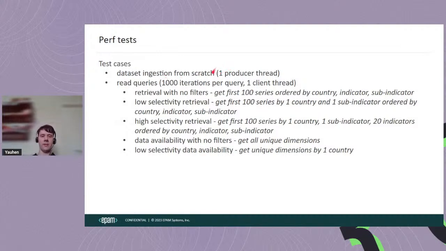I used a one-threaded ingester for this case. As for read query workload, I used 1,000 iterations per scenario, and the scenarios included retrieval of data with pagination and no filters, with low selectivity filters, high selectivity filters, and a couple of data availability requests, which are those aggregation requests that I've talked about already.